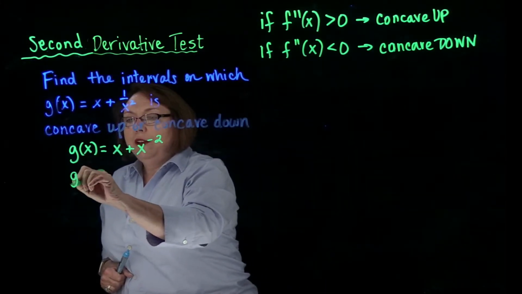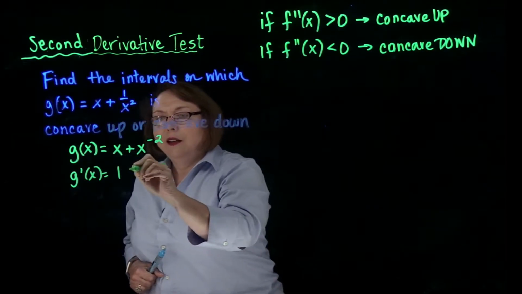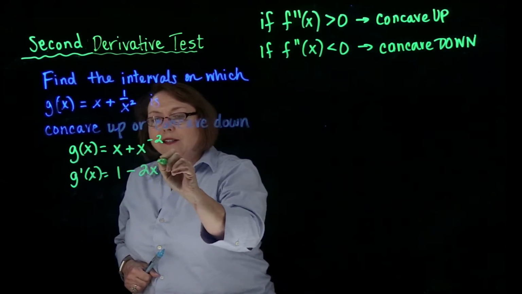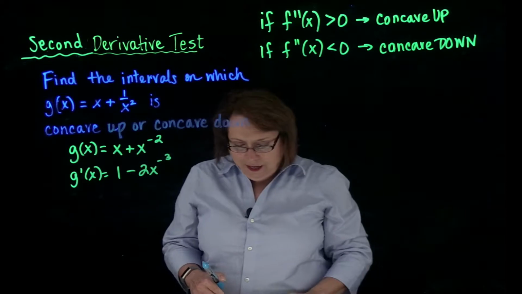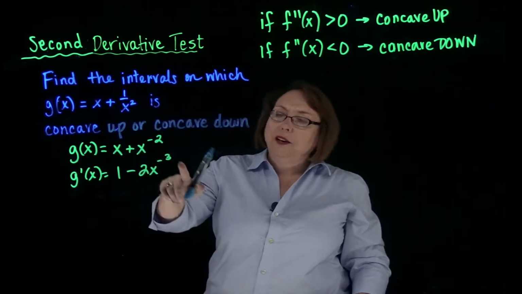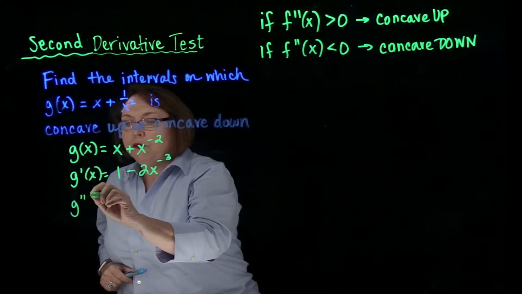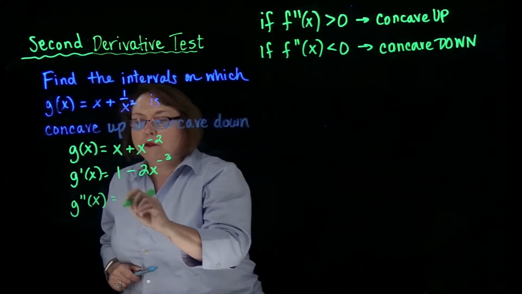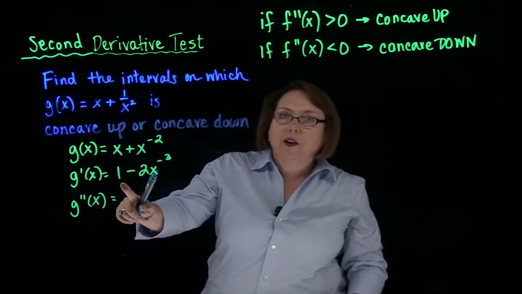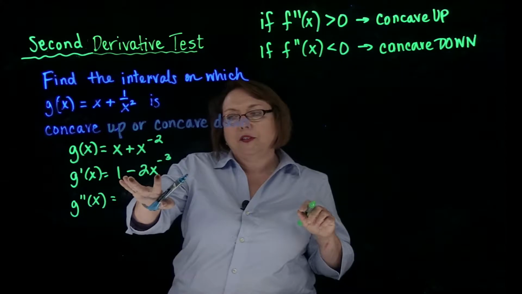Same thing as 1 over x squared, using our negative exponent rule. So our first derivative, g prime of x, is going to be 1 minus 2x to the minus 3, subtracting 1 from that exponent. Minus 2 minus 1 is minus 3. And then the second derivative, g double prime of x: the derivative of a constant is 0. So then we just have to take the derivative of this term.